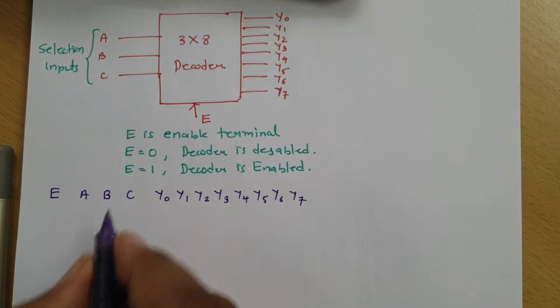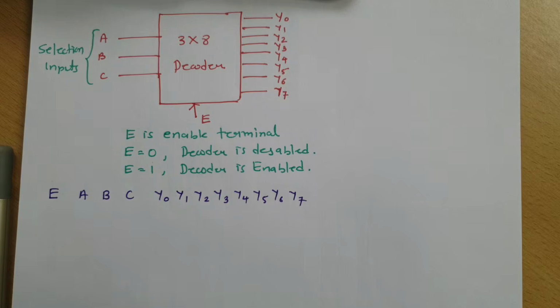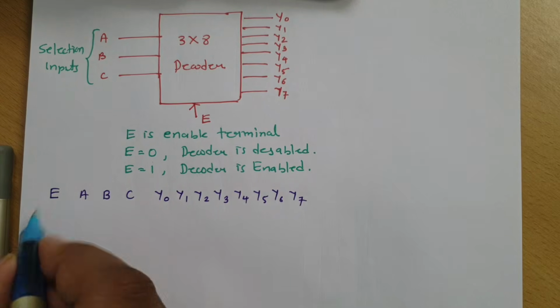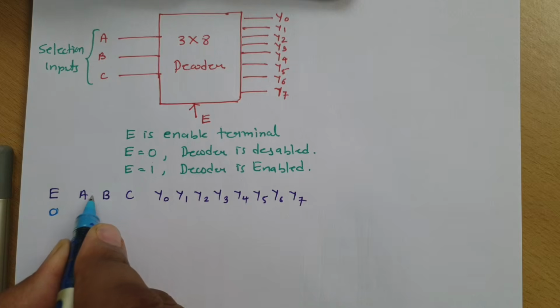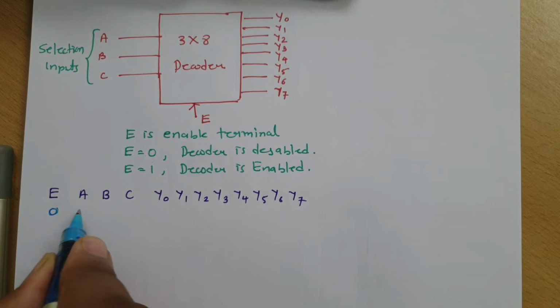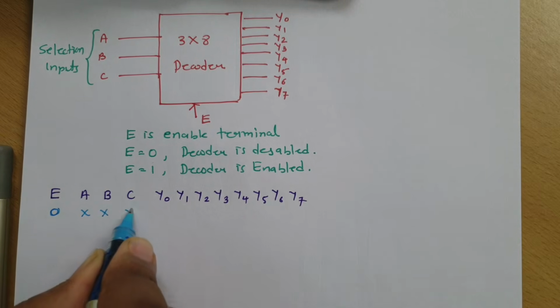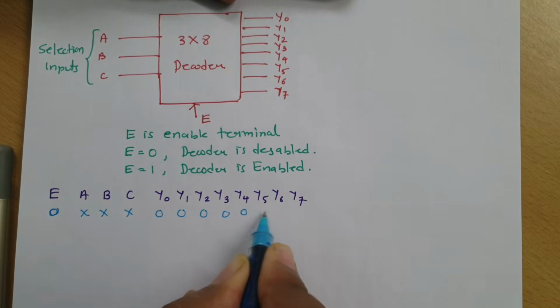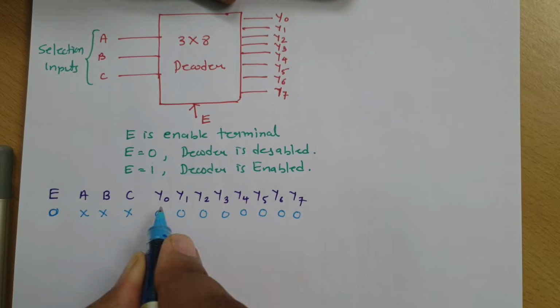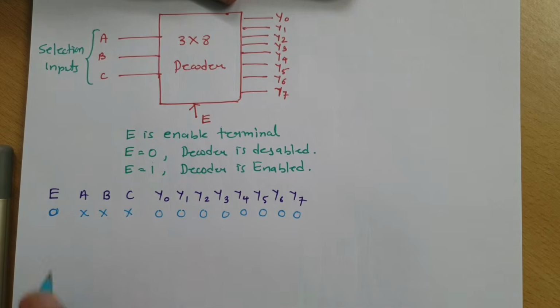Now if this enable line is 0, then the output is not depending on ABC, meaning don't care, and the output will be 0 in that situation. So all 8 output lines will be 0.